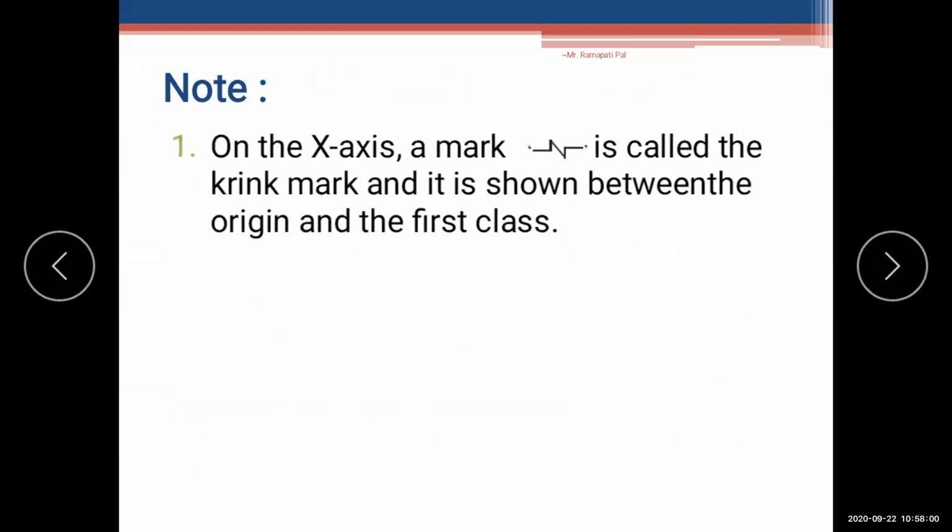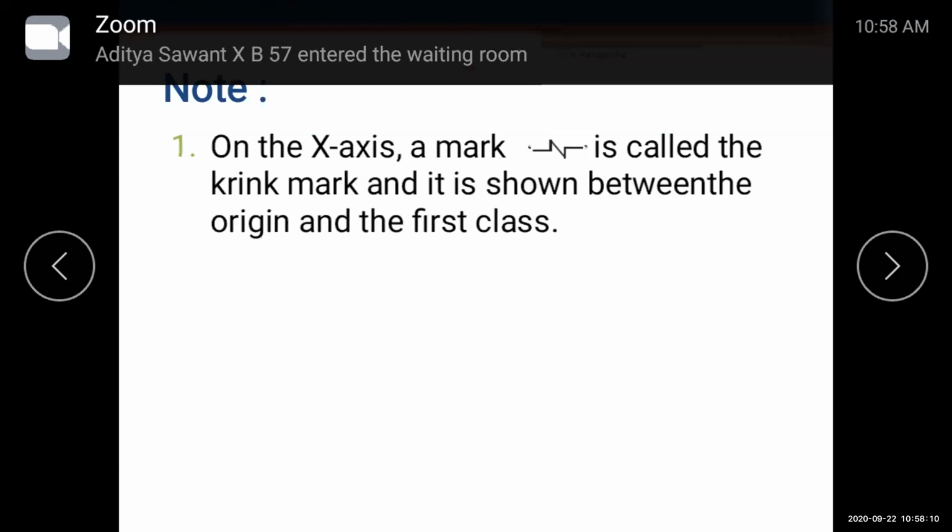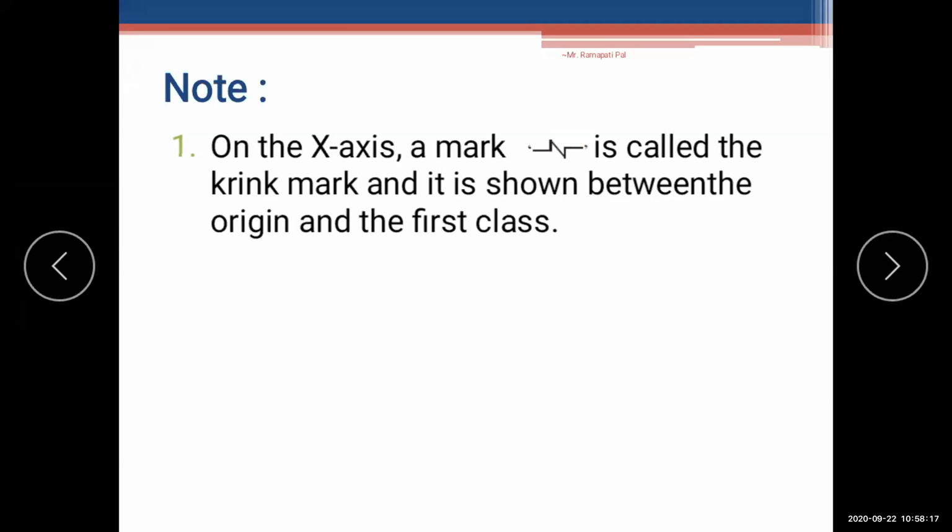It is shown between the origin and the first class. In between them, it is present. It means there are no observations up to the first class. It means the line is broken.